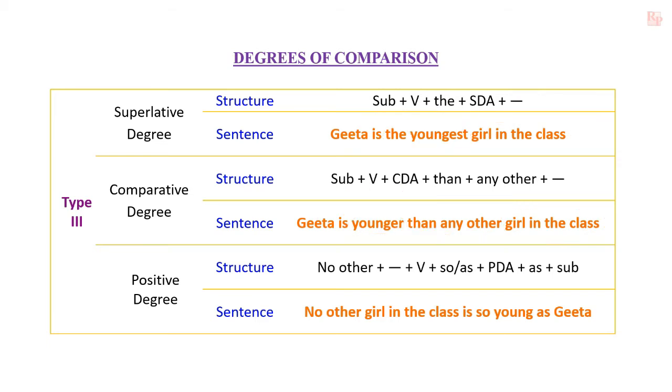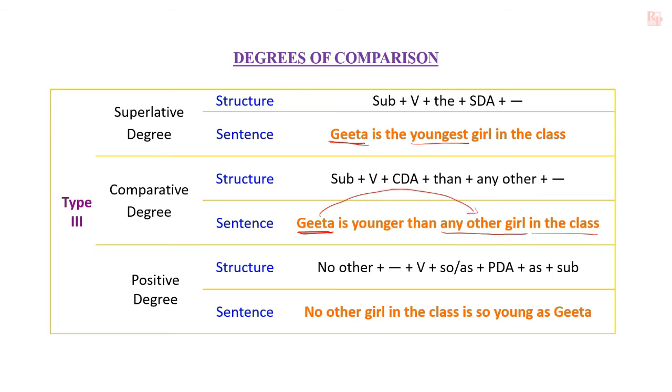In the superlative degree, Geeta is said to be the youngest girl in the class. There is no comparison at all. She is the youngest girl. But in the comparative degree, Geeta is compared to any other girl in the class. There are a number of girls in the class. She is compared to any other girl.